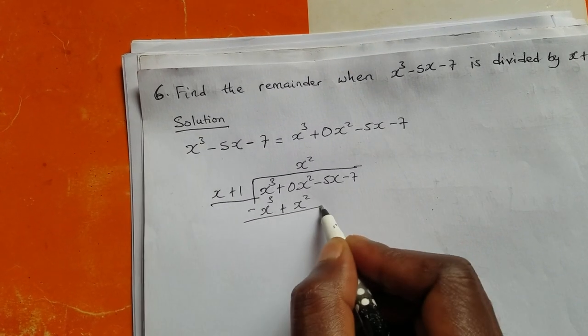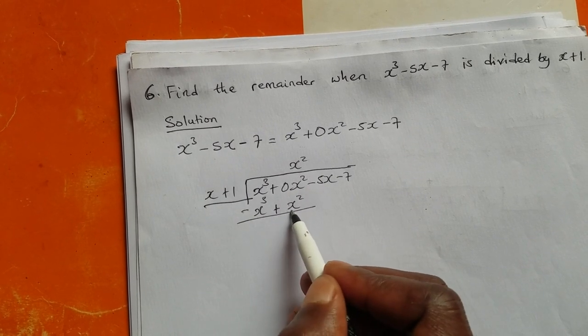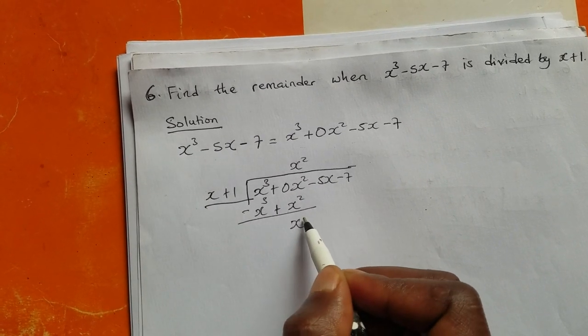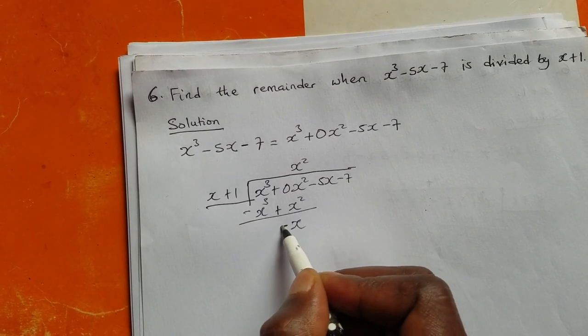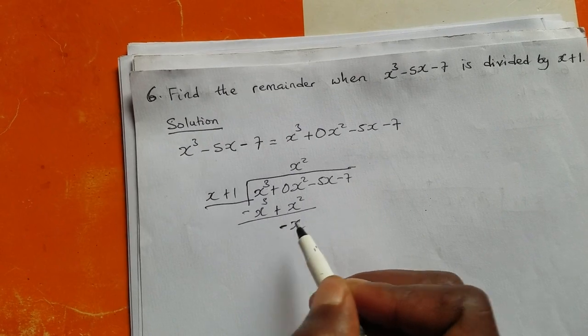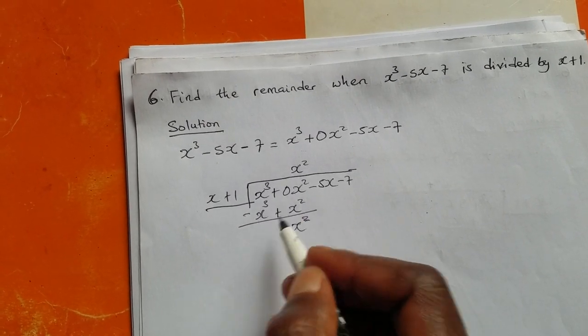You subtract. 0x squared minus 1x squared, you're going to remain with what? Minus x squared, and this one is 0.